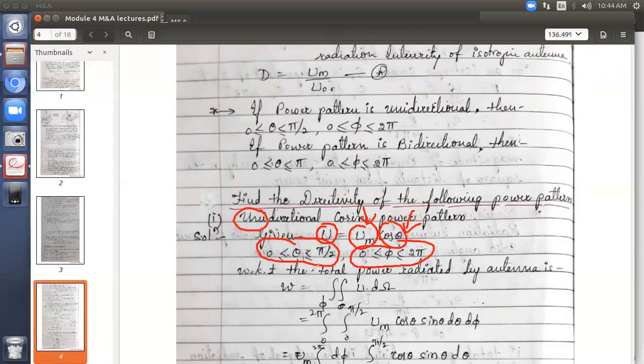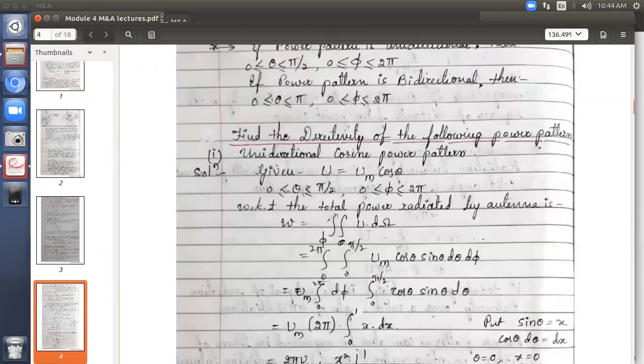Once you do this, 0 to 2 pi and 0 to pi by 2, let's start following the three steps. First step is we need to find the total power radiated by an antenna, that is W equals double integration of U d omega.